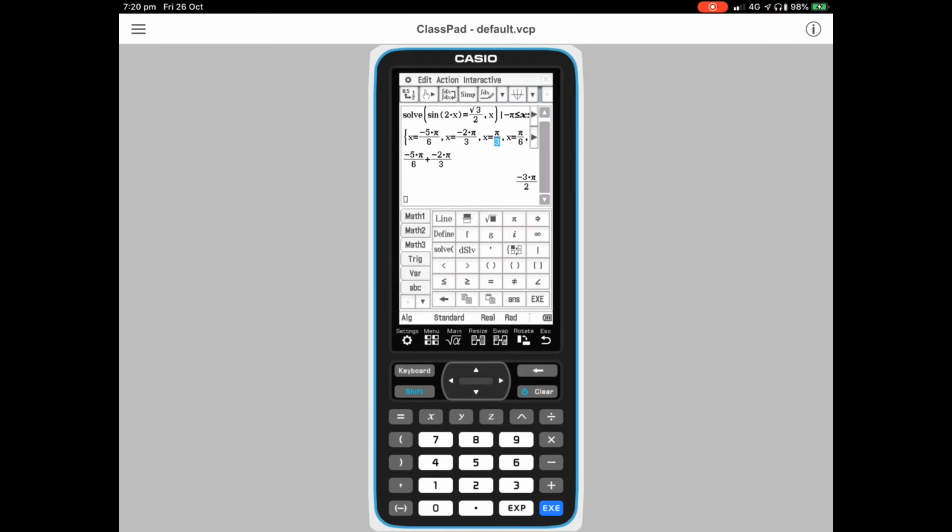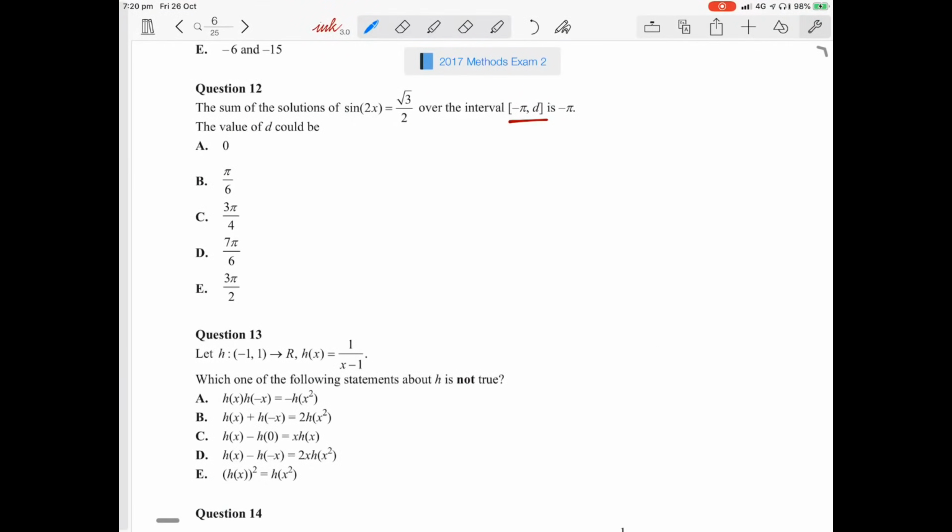And then if we add pi on 3, that's negative what? And then we've got to add pi on 6. But pi on 3 is bigger than pi on 6. So plus pi divided by 6. Don't be confused by the calculator, pi on 3 is bigger than pi on 6.